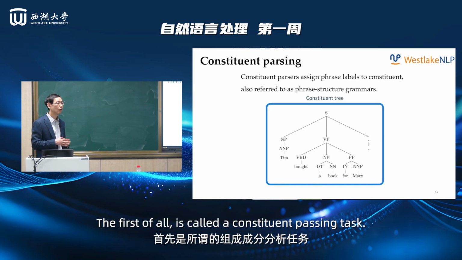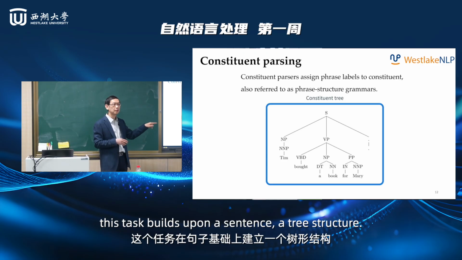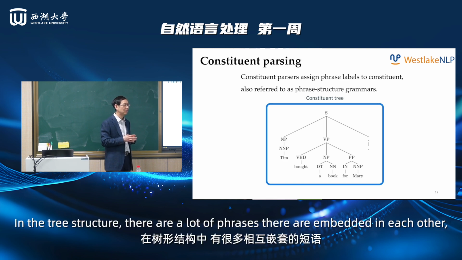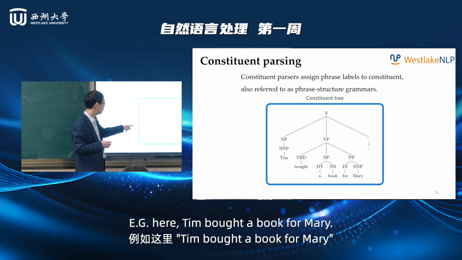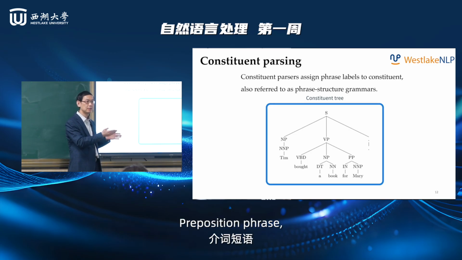So first of all is called the constituent parsing task. This task builds upon a sentence a tree structure, okay? In the tree structure, there are a lot of phrases that are embedded in each other. For example, here, Tim bought a book for Mary, right? You can see for Mary is a prepositional phrase, okay? Preposition for, right? So there's a PP on top of it.